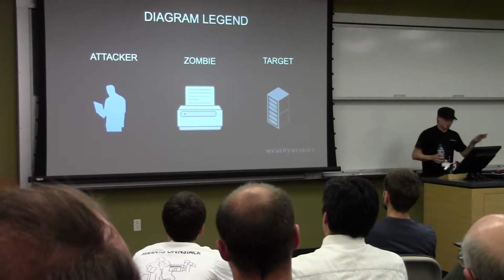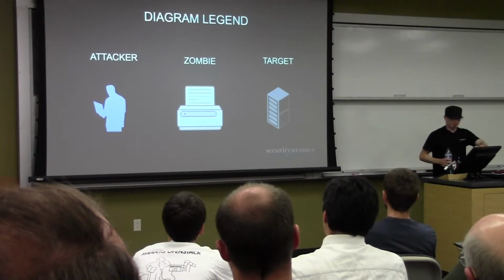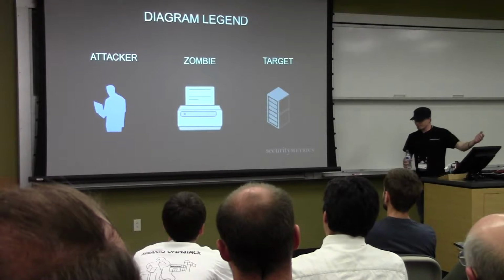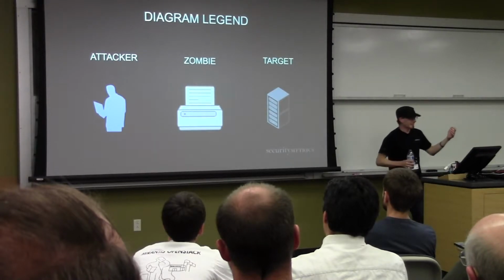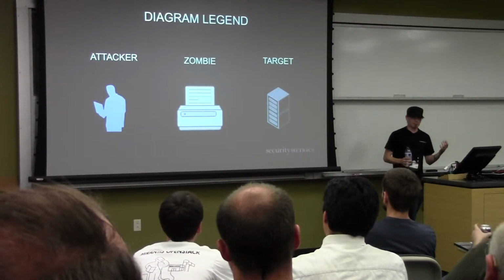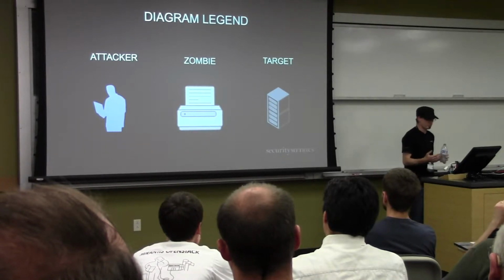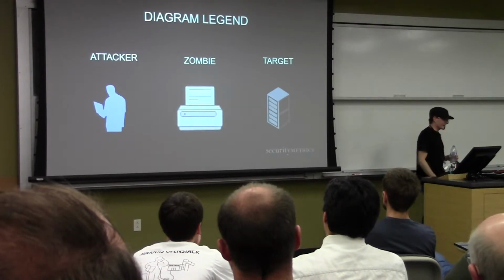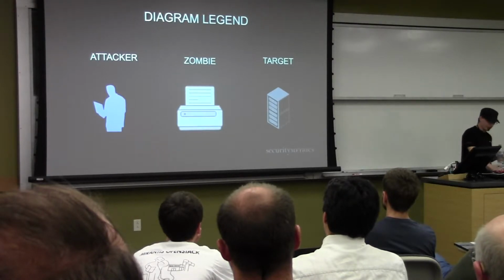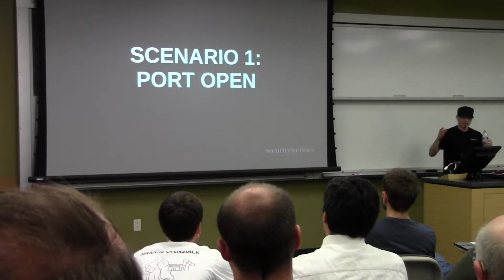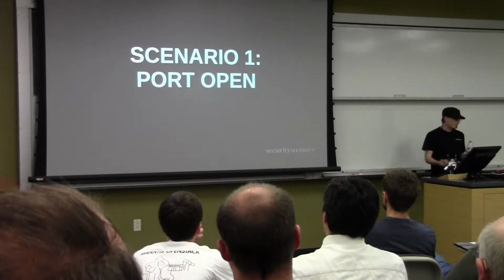So here's what you need to know. You've got your shadowy figure that is your attacker. The printer that we were talking about earlier, that's going to be our zombie that we're going to bounce all the traffic off of. And then our target is this big server rack here. So the first scenario that we're going to cover is an open port that we're scanning.